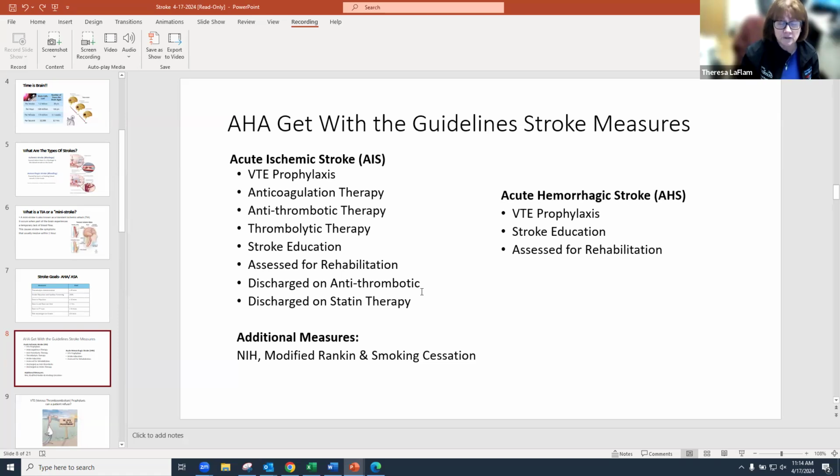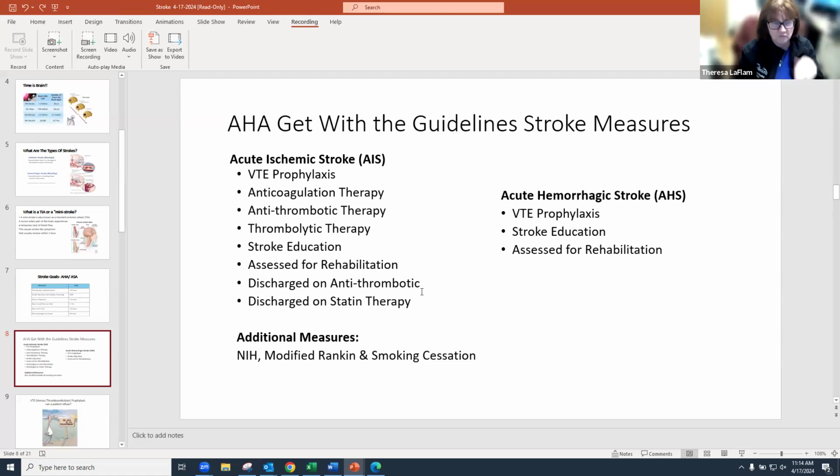So if they get here in 6 hours or they get here in 24 hours, the physician will write, it was too late for the treatment because they were outside the window of time. If they're less than that, we should be giving it, unless there's some other exception to the rule, like the patient refused, or the patient's blood pressure was too high and it was not safe to give it. But those are their only two choices. They either give the medication or they write the reason why they didn't.